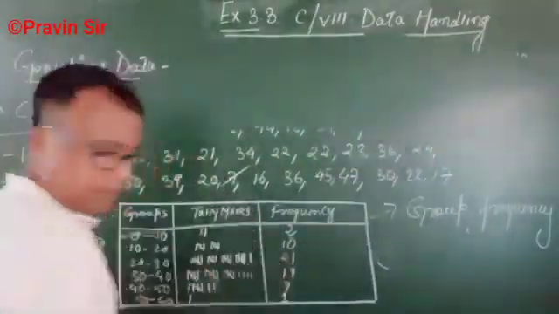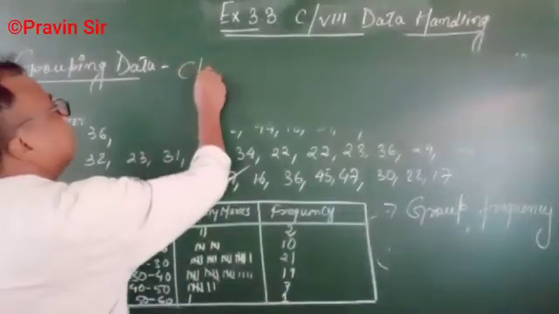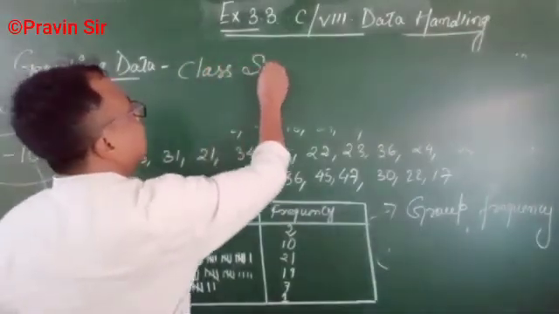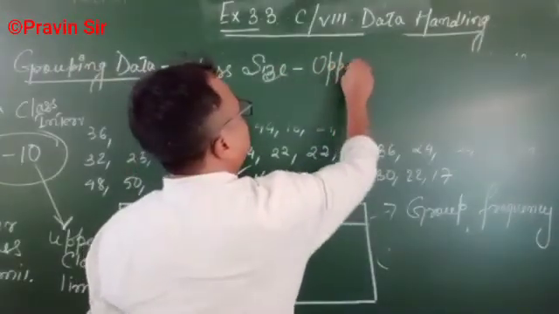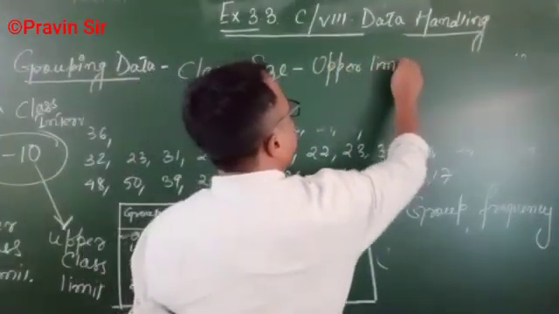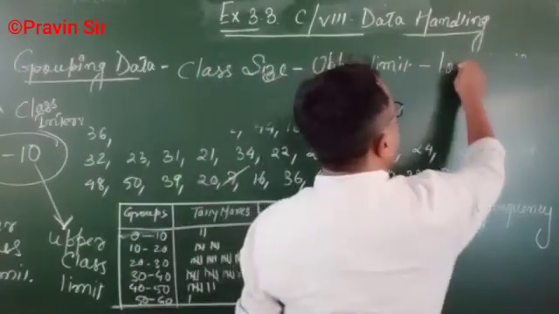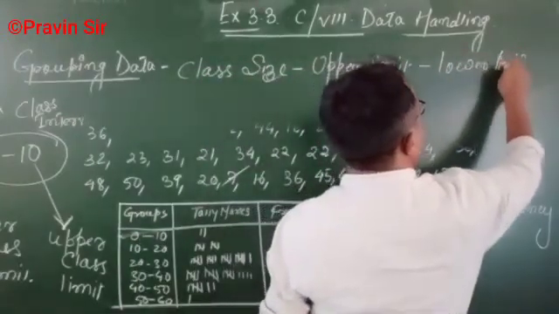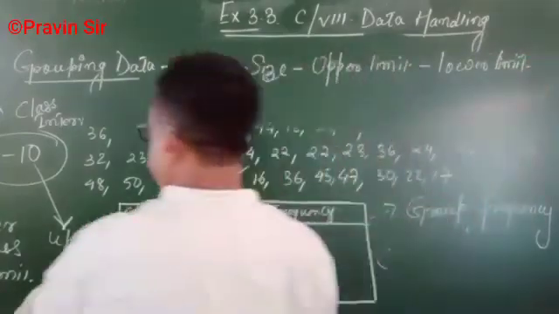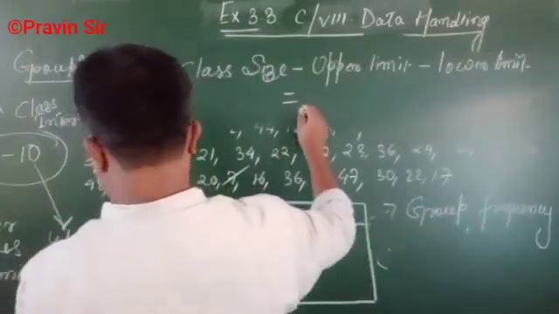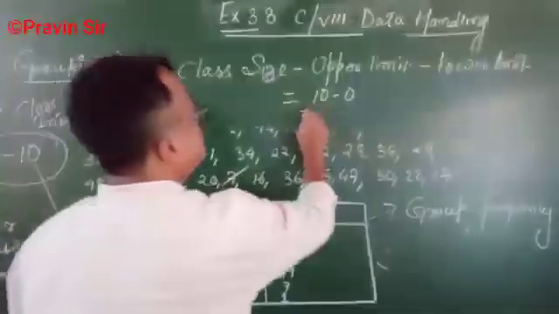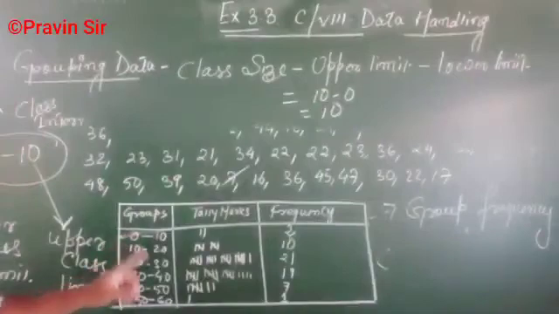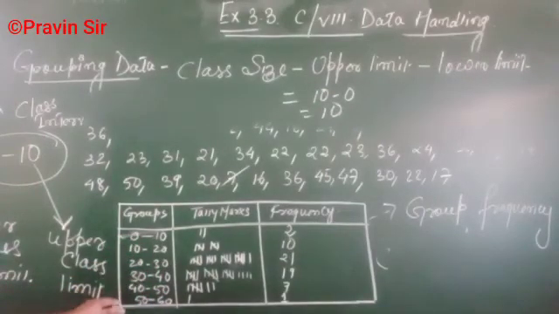In our case, 10 minus 0 is equal to 10, 20 minus 10 is 10, 30 minus 20 is 10, 40 minus 30 is 10. So like this we can find out our class size.